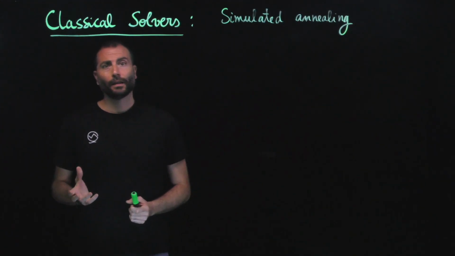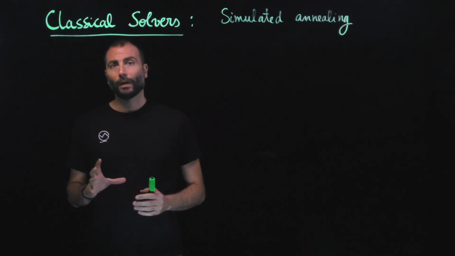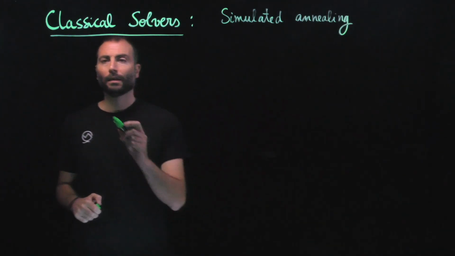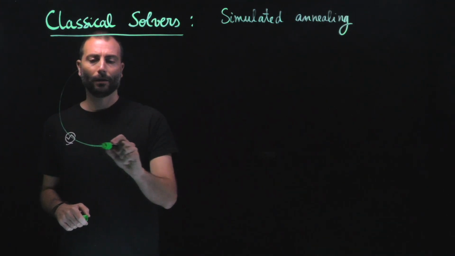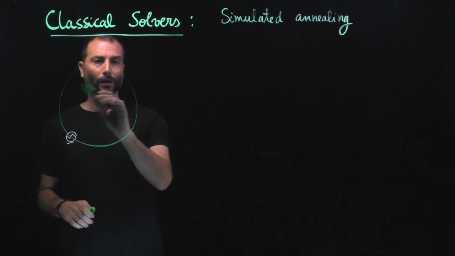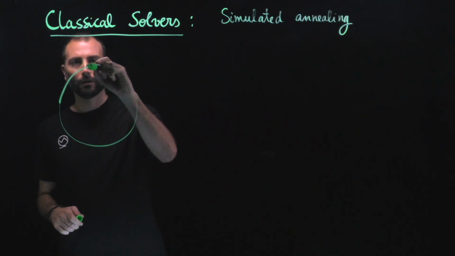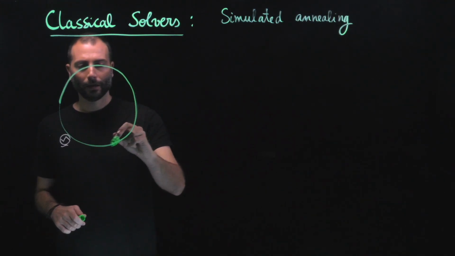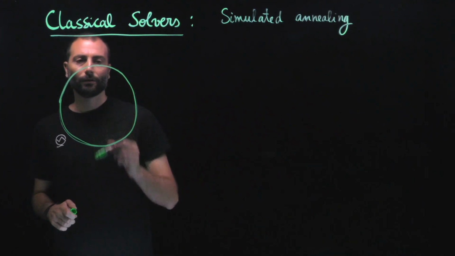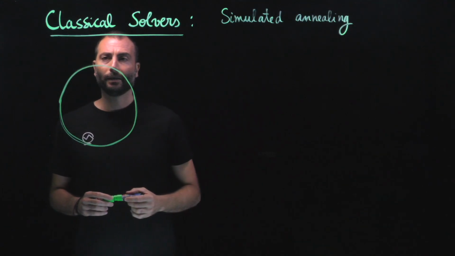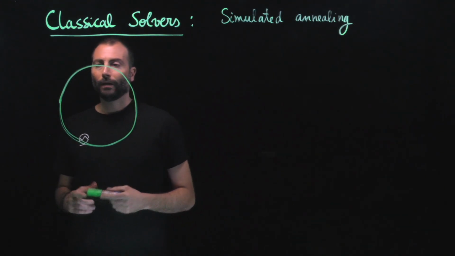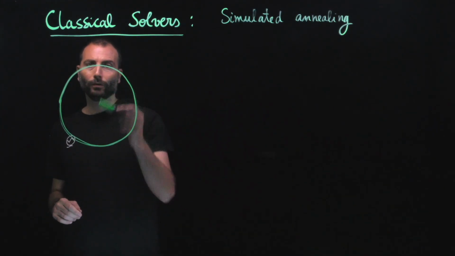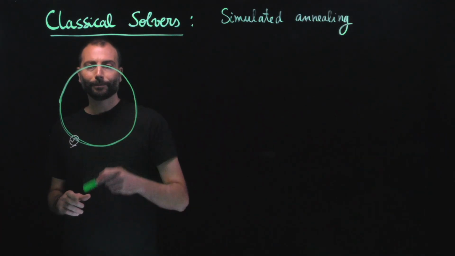So we say that an approach is heuristic when instead of... let's assume that we have here our space of all the possible solutions. In our case, it will be the set of all the binary strings of length n. So we have 2 to the n elements in here.